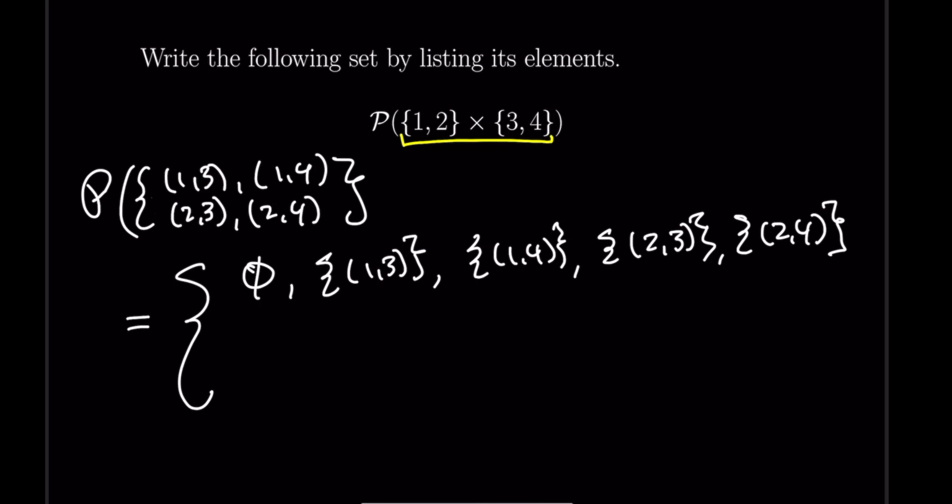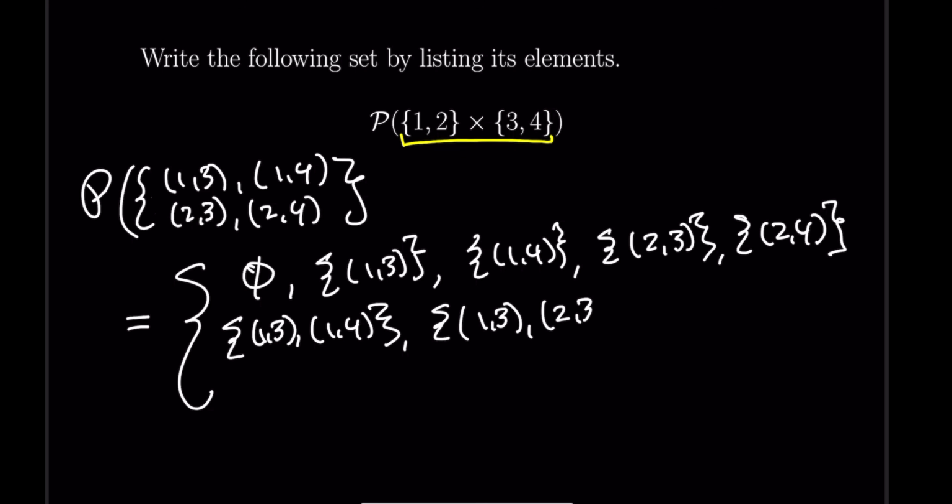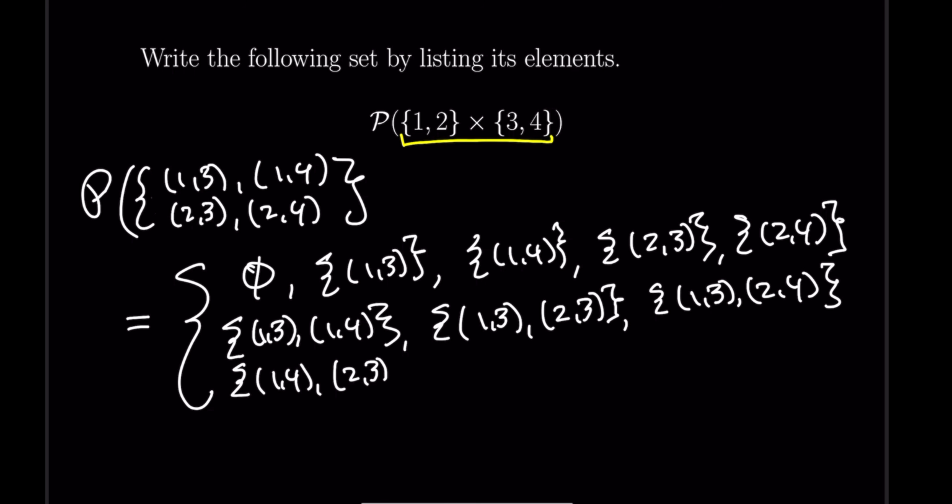Next, we can take all of the sets with 2 elements. That'll be the set containing the ordered pairs 1, 3, and 1, 4. The set containing 1, 3, and 2, 3. Next, the set containing 1, 3, and 2, 4. Then the set containing 1, 4, and 2, 3.